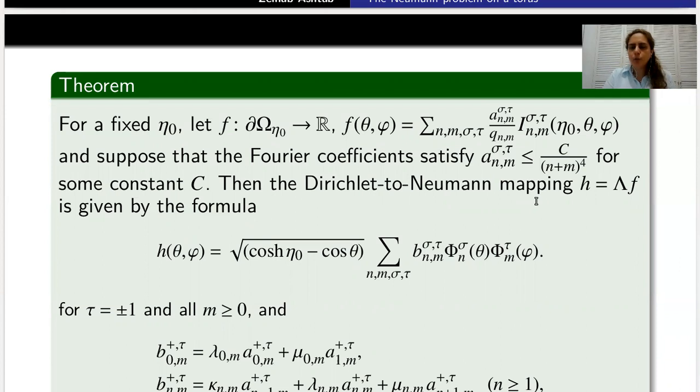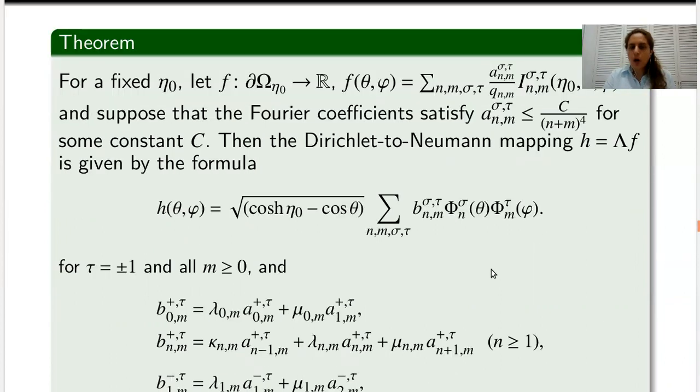Then the Dirichlet to Neumann mapping, lambda f equal to h, is given by this formula, for all m greater than or equal to 0 and tau equal to plus or minus 1.